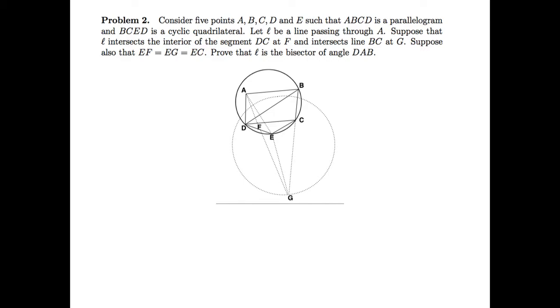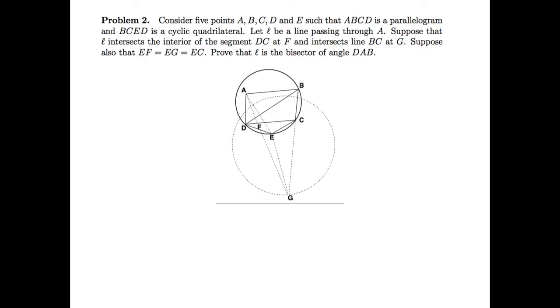Let L be a line passing through A. Suppose that L intersects the interior of the segment DC at F, that is also done, and intersects line BC at G, that is done by extending BC line and AF line. Suppose also that EF is equal to EG is equal to EC, that we have to take into consideration. Prove that L is the bisector of angle DAB.